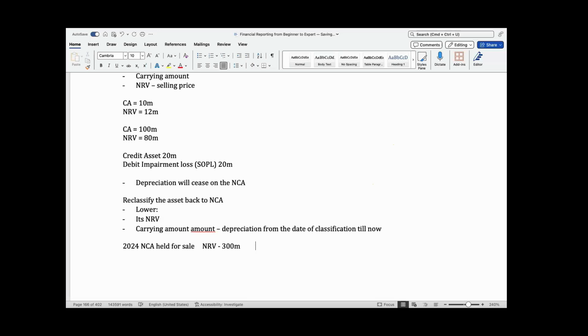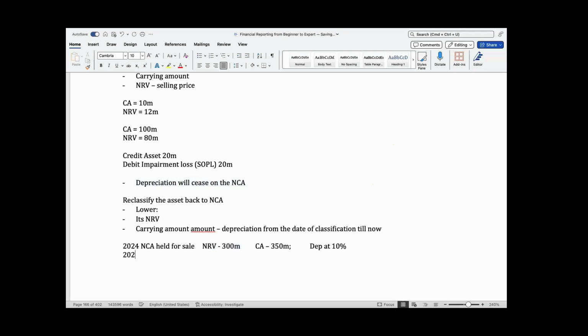At that same date, the carrying amount of the asset was 350 million, and usually you charge depreciation at 10%. But because IFRS 5 says the lower of the two, from 2024 you started measuring the asset at 300 million. And of course, depreciation ceases going forward.